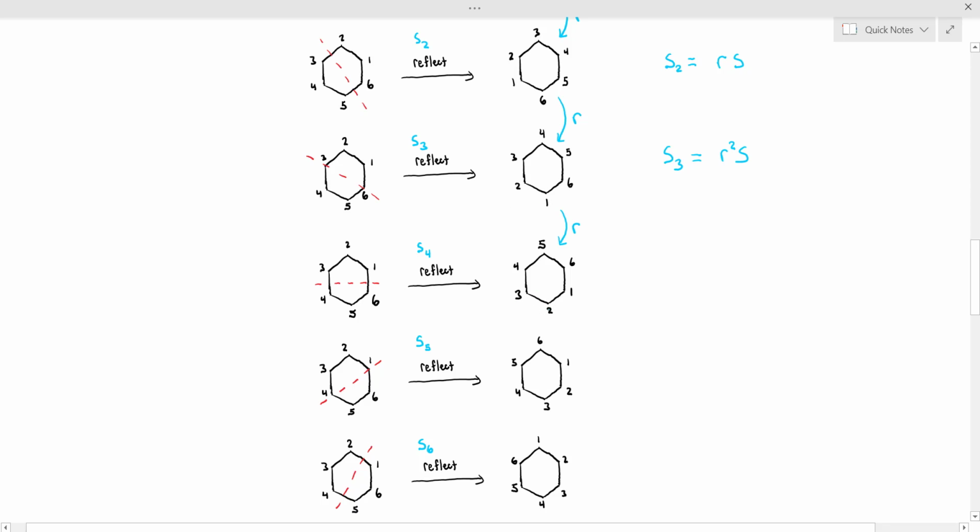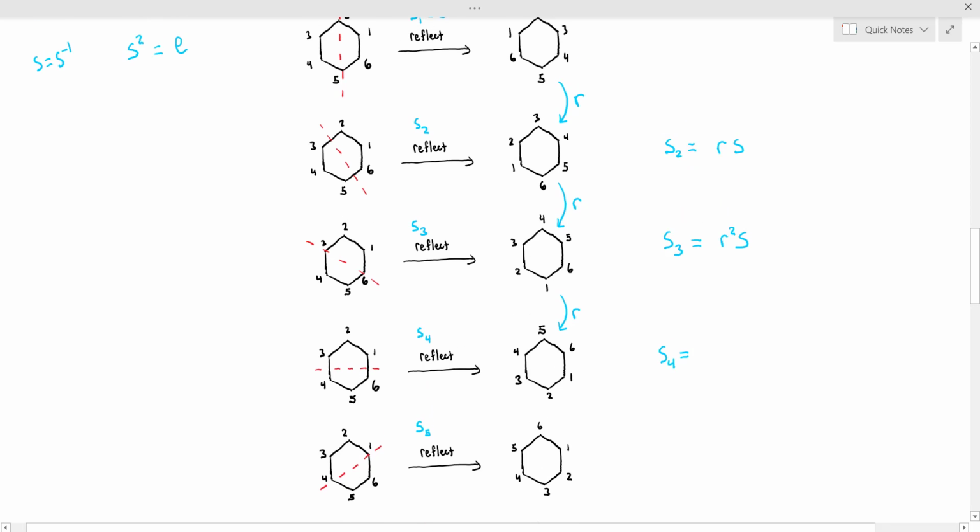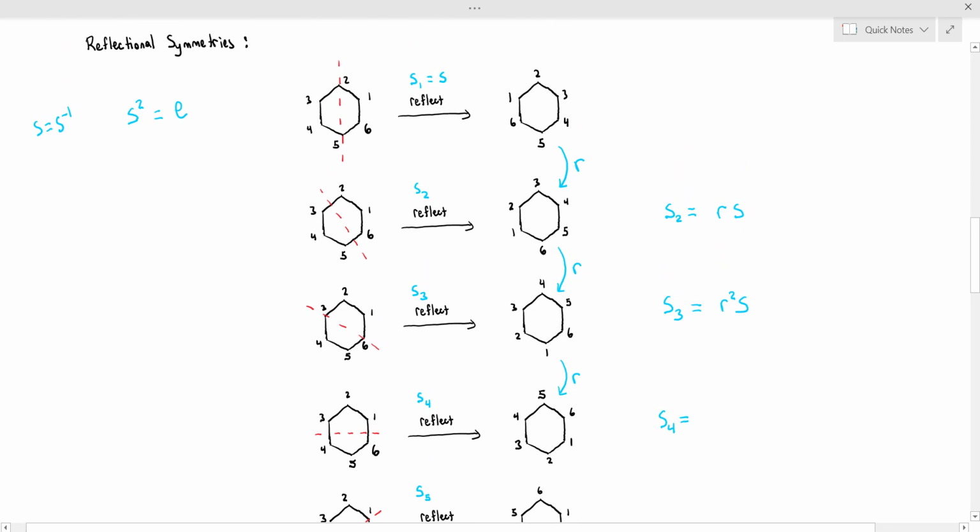In other words, the reflection S4 about this horizontal axis is the same as first reflecting about the vertical axis up here, applying S first, and then afterwards rotating 60 degrees counterclockwise a total of 3 times, and we get to this hexagon here.